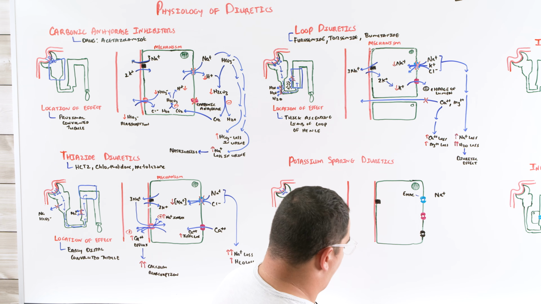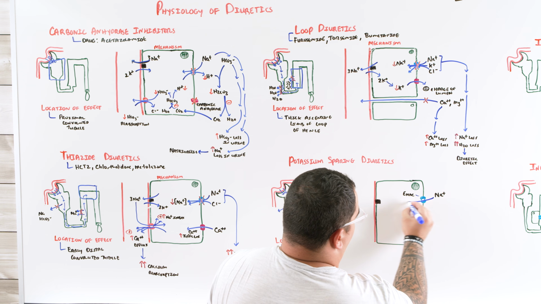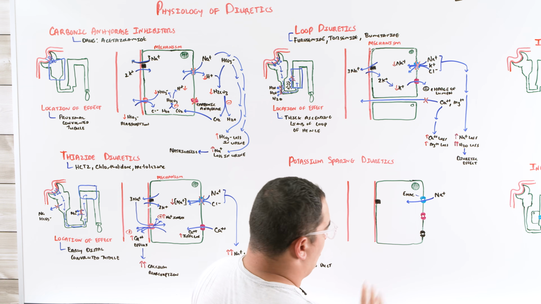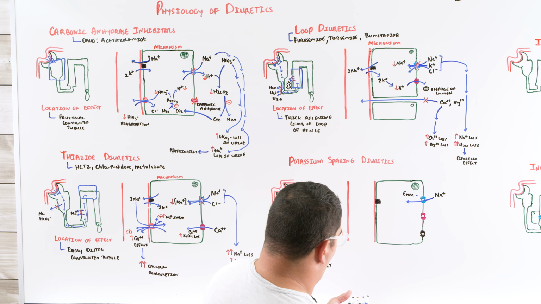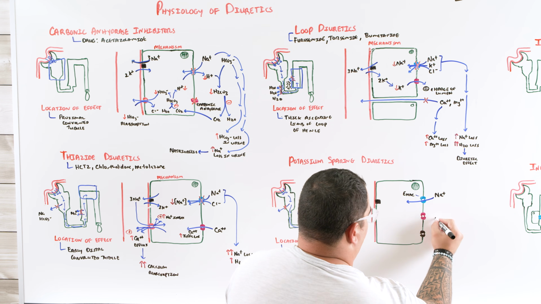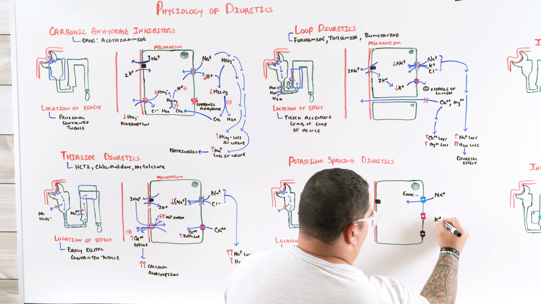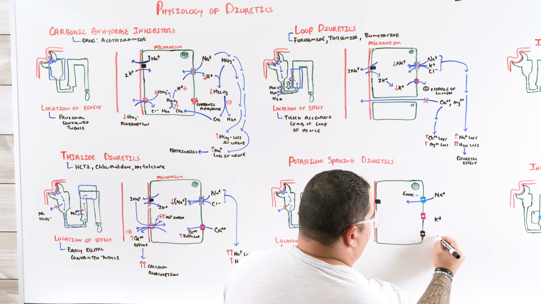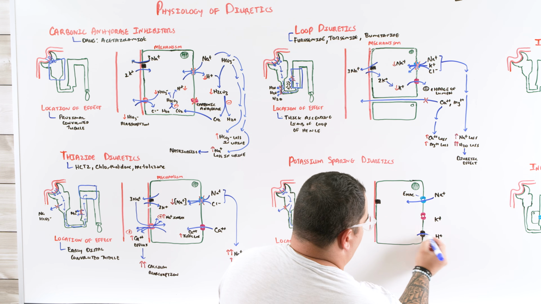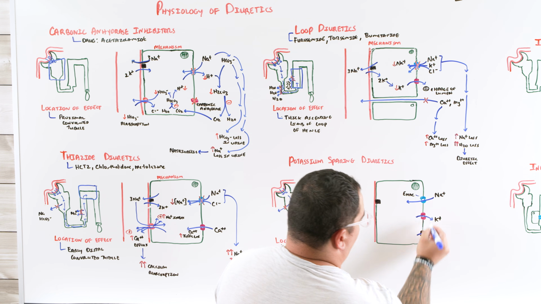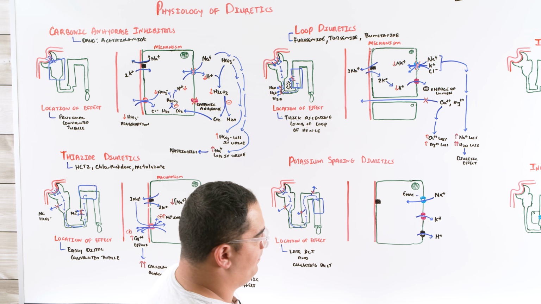What happens with these channels is that they're supposed to bring sodium into the cell. There's another channel also that's present here usually, and this one also is going to lead to potassium excretion. So there's going to be a potassium channel here. And there's another one that leads to proton secretion.